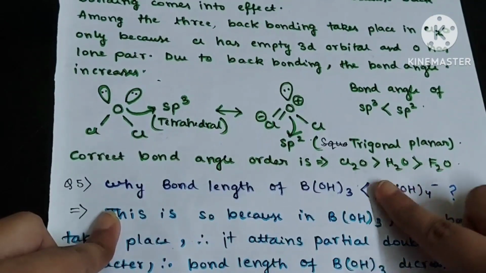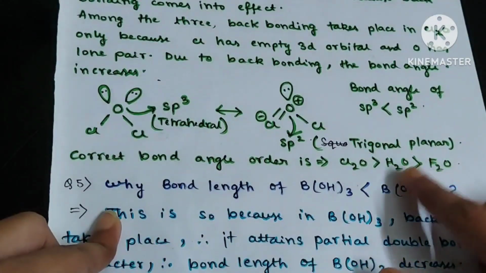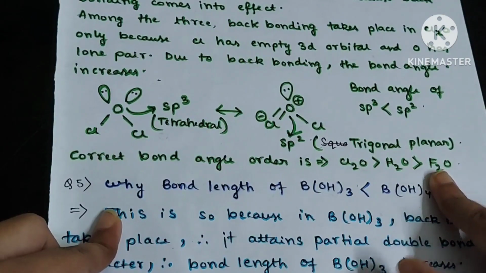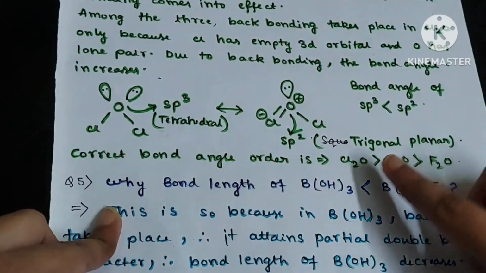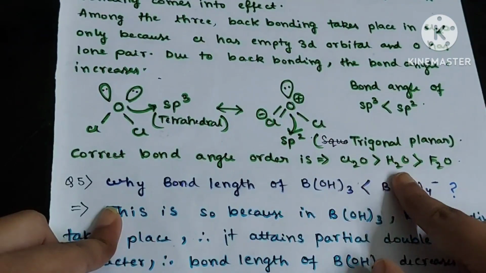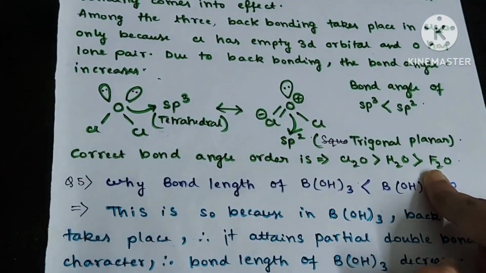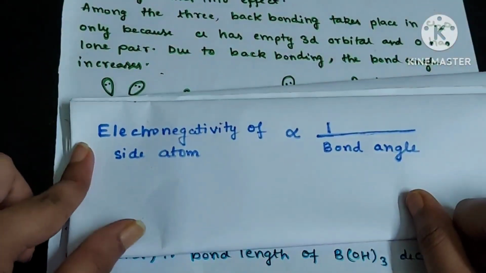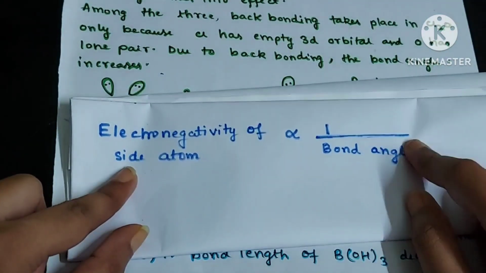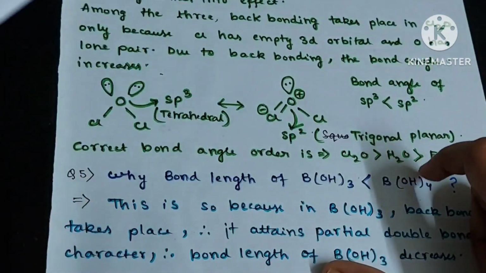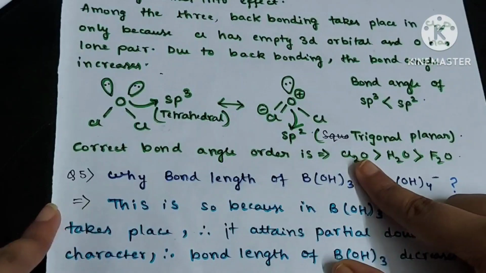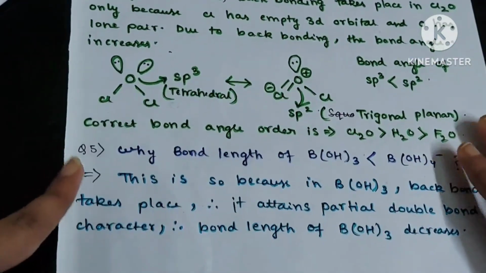The rest two, whatever is left besides Cl2O, will follow the electronegativity rule that I have shown here. The rest will follow this rule, but due to back bonding, Cl2O comes first.